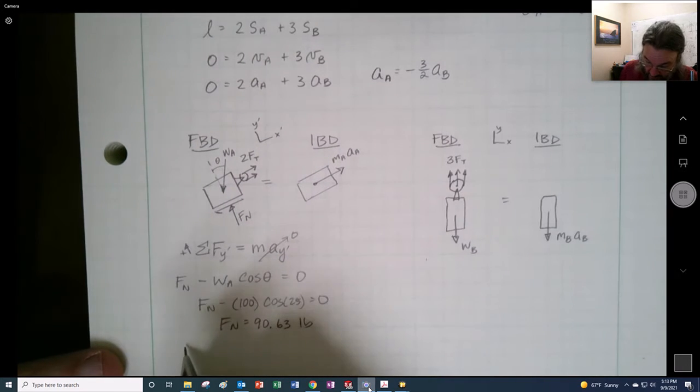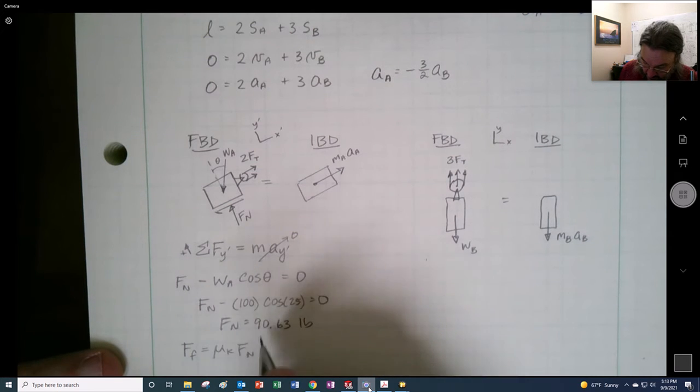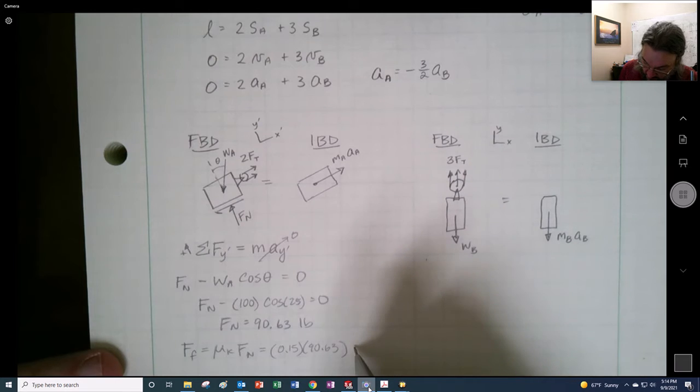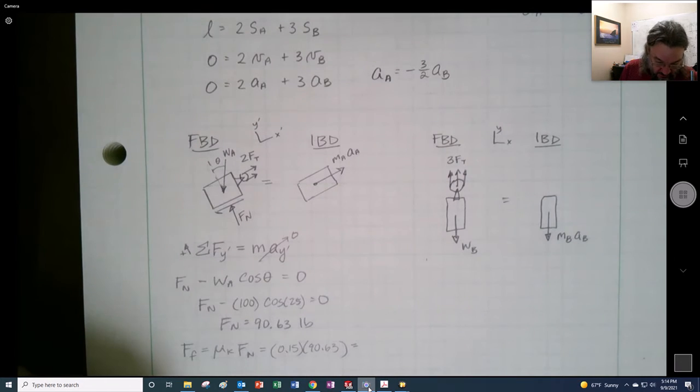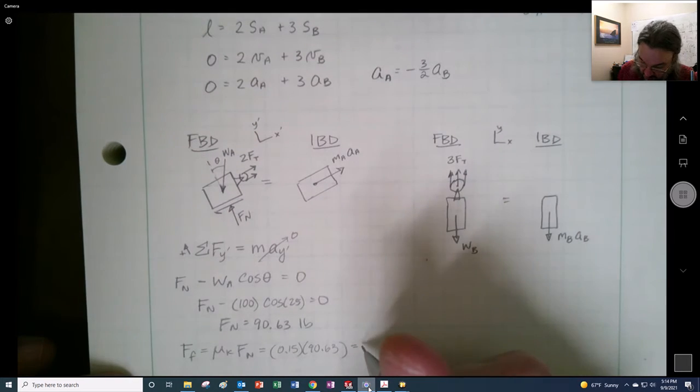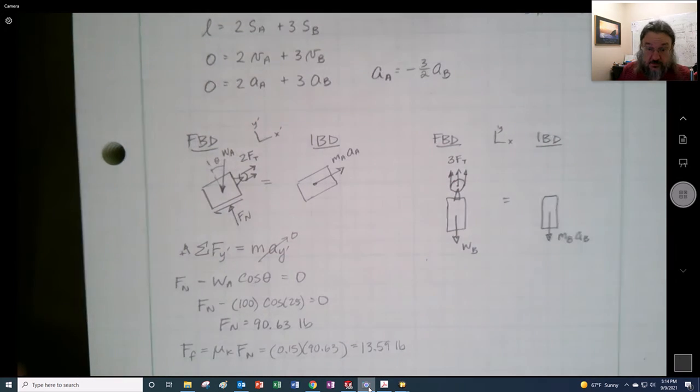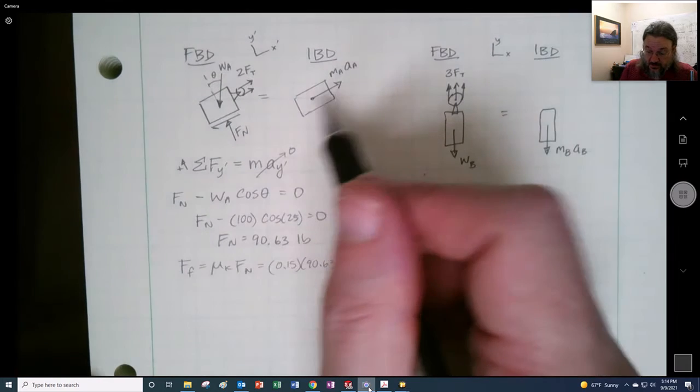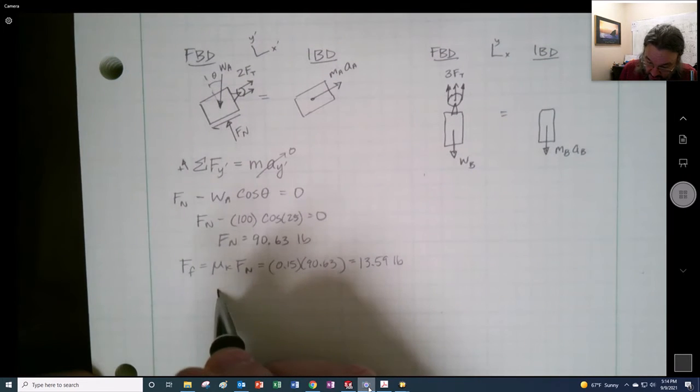And now the friction force is going to be mu k Fn, or 0.15 times 90.63. Yeah, so we go 0.15, boom. That's all of 13.59 pounds. All right, and so now we need to set this up in the x prime direction.